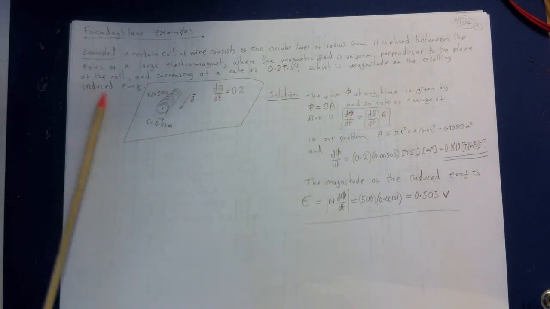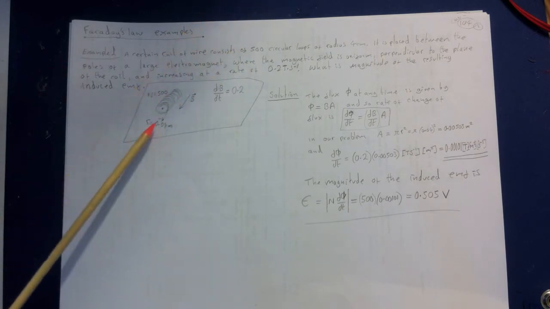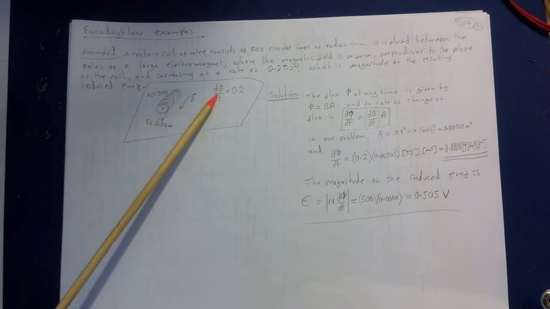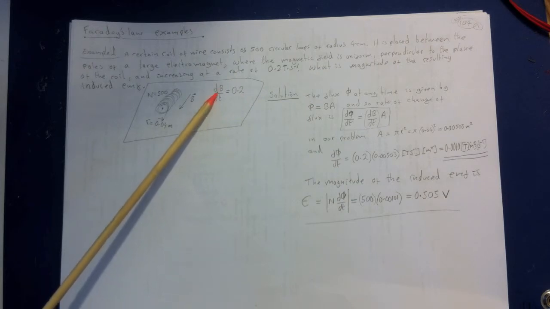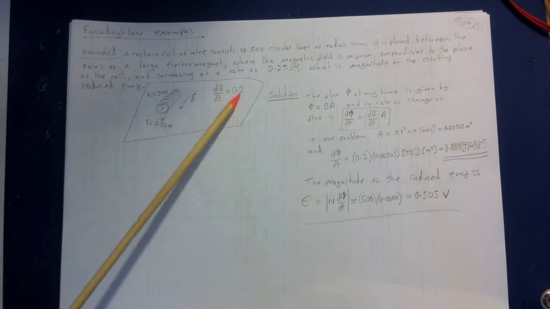What is the magnitude of the resulting induced EMF? Here's our wire, and parallel to the axis we've got this magnetic field, which is changing at a rate of 0.2 Teslas per second. I've written down the rate here, dB by dt equals 0.2 Teslas per second.